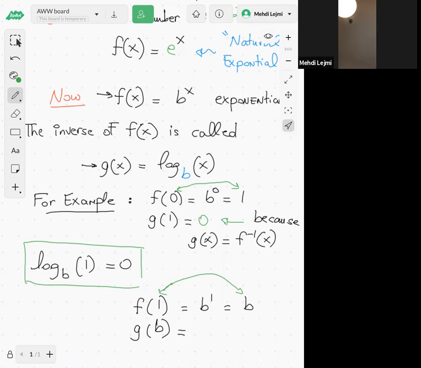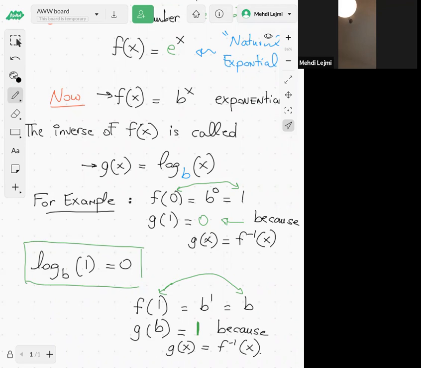So if now my input is b, then the output here will be 1. Right? Because g is the inverse of f.